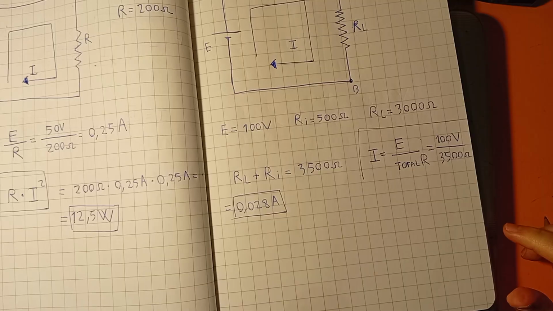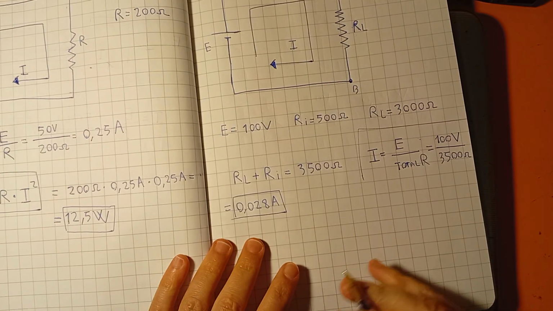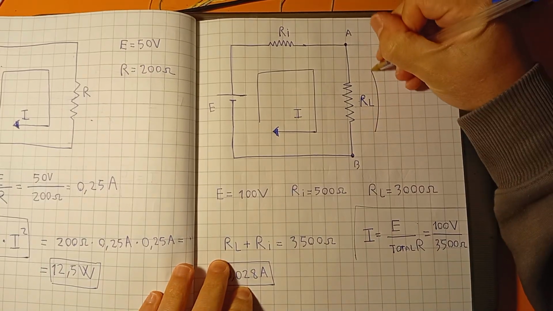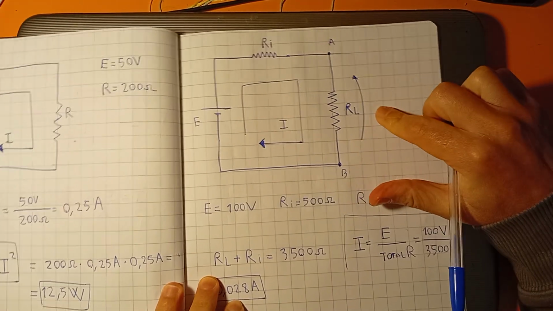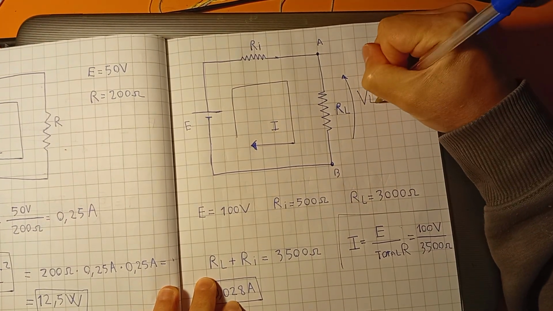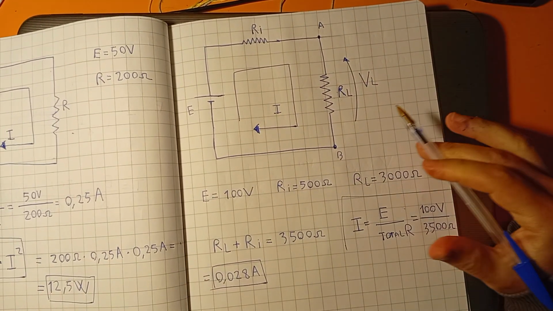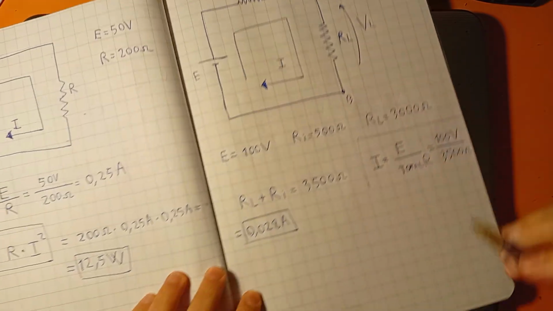Now what do we have to do? We know the current, so we can now calculate the voltage drop here. How much is the voltage drop? Well, it is just current multiplied by this resistance.